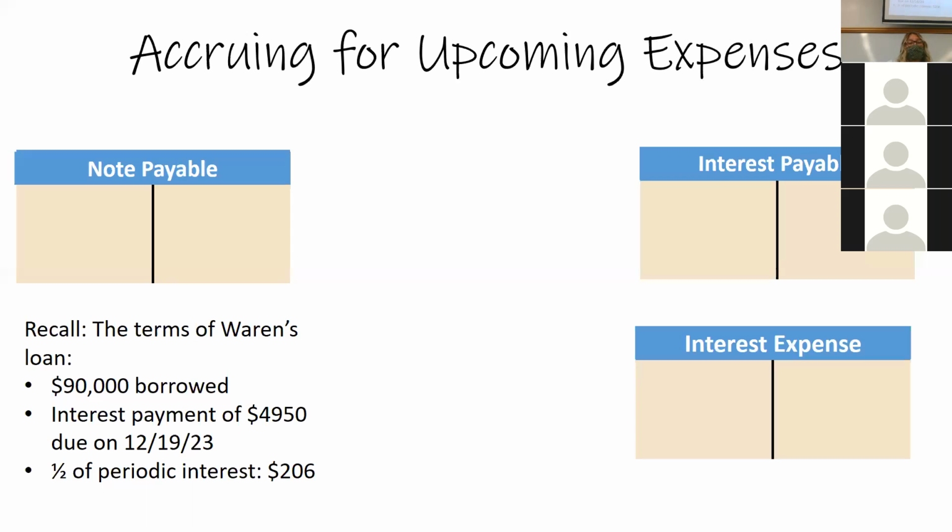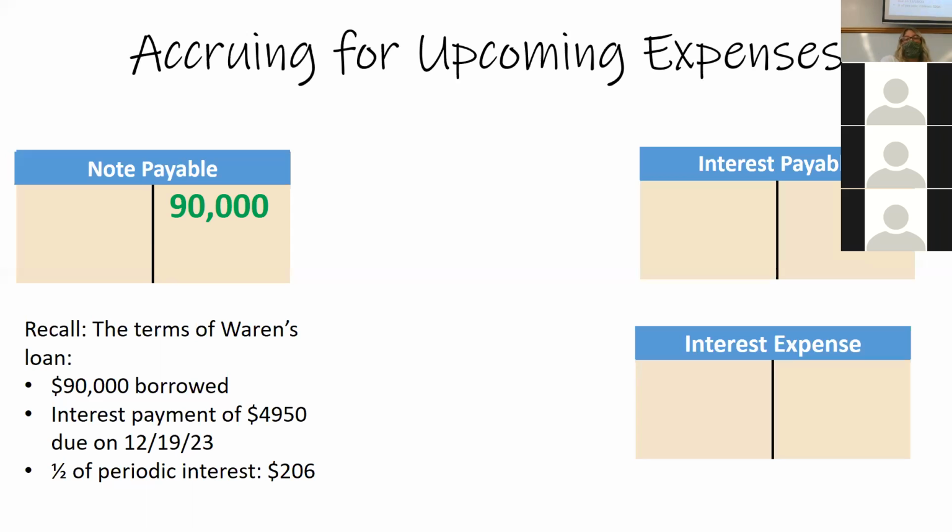So we need to accrue for half a month's interest so that it aligns with the first month of holding that note payable. When we borrowed the money, we recorded a credit of $90,000.